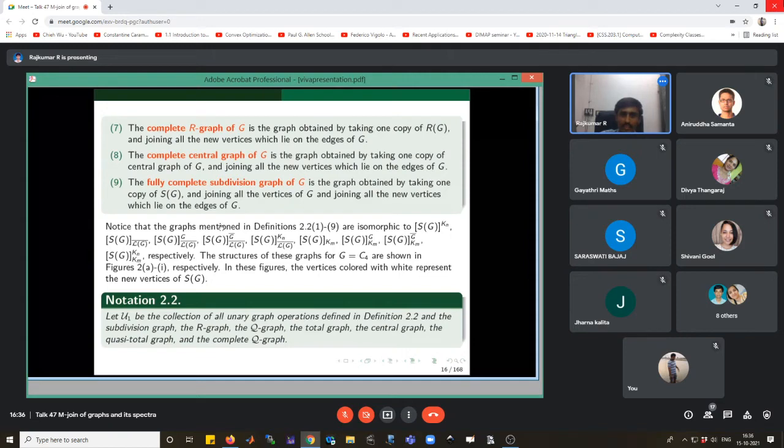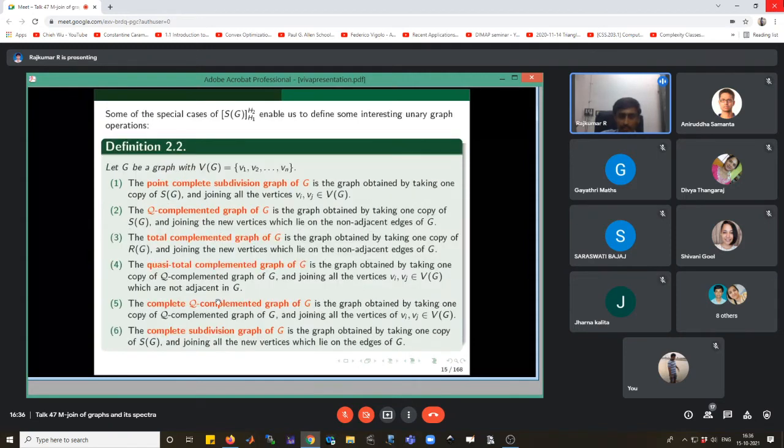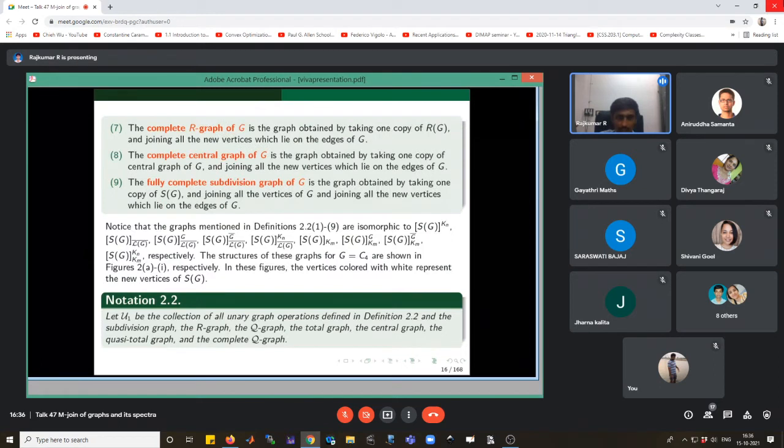Like that, we have defined these types of graph operations: quasi-total complemented graph, complete Q complemented graph, complete subdivision graph, complete R graph, complete central graph, fully complete subdivision graph. That is the construction of these graphs.